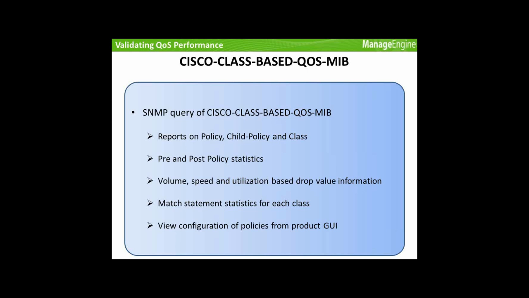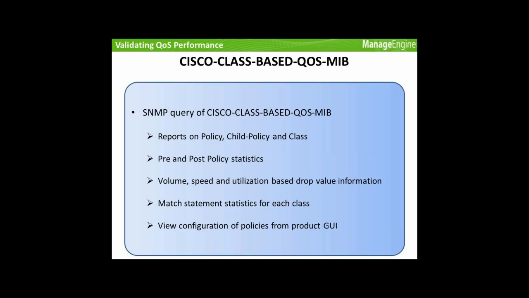One is by querying the Cisco class-based QoS MIB, where we send out SNMP queries and we get reports on each of the policy, child policy or classes, as well as pre and post policy statistics, volume information when there is a drop in traffic, drop information based on volume, speed, and utilization.